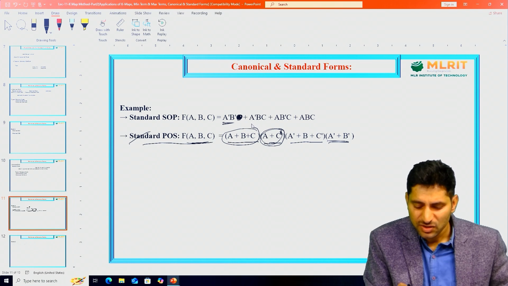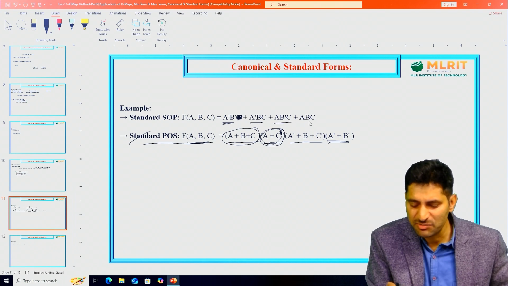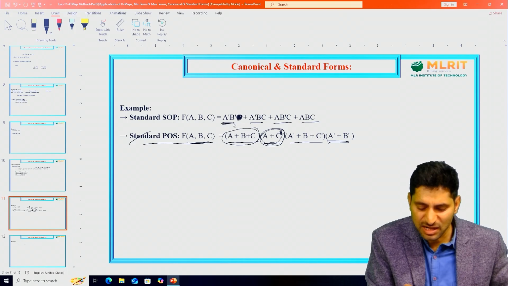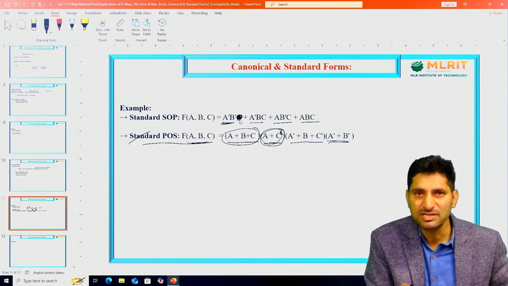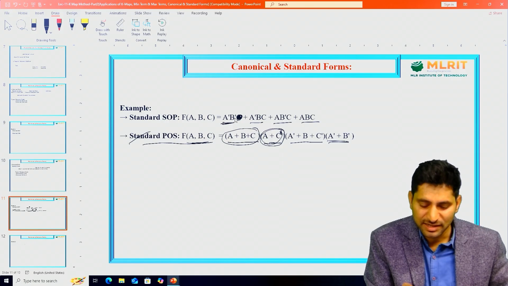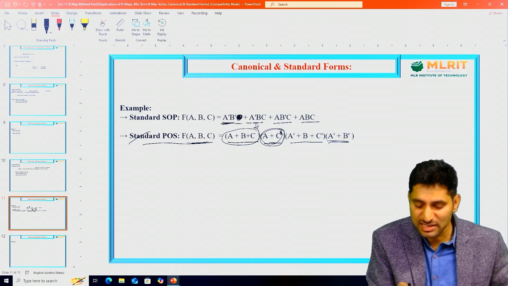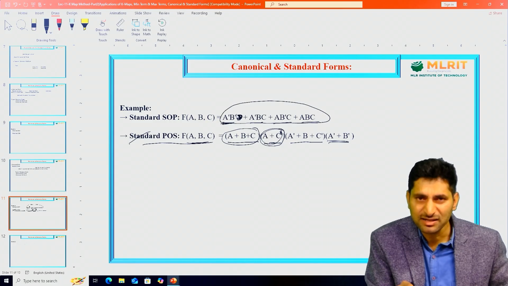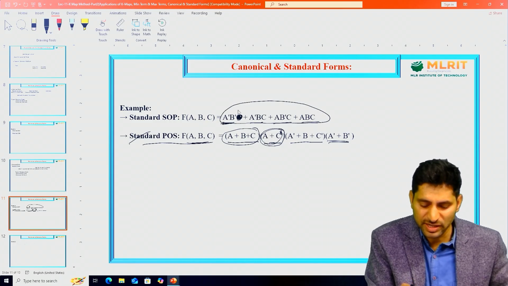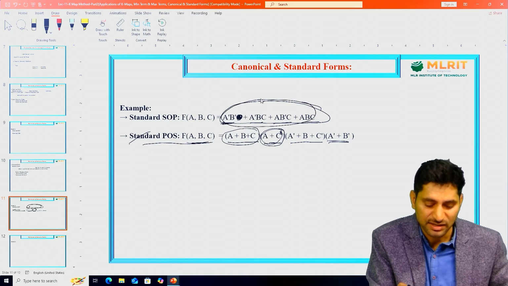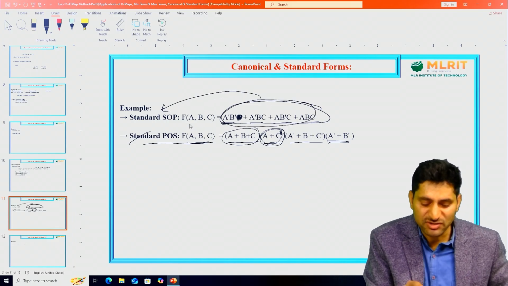Three variables are there in each term, but for this function, in the first term one of the variables, C, is missing in its true or complemented form, because it is derived from canonical form. So this is a simplified version of some canonical form. One of the variables is missing, so this function is known as standard, and it is in SOP form.